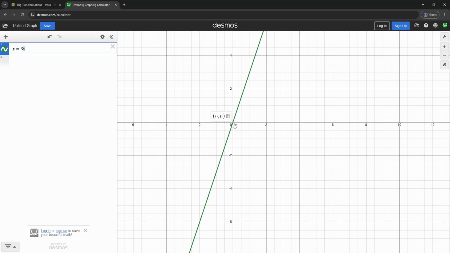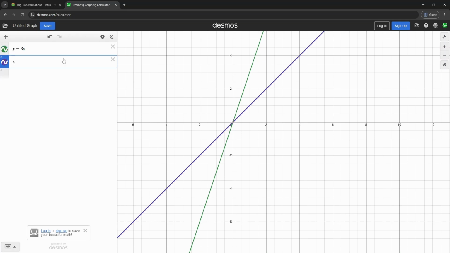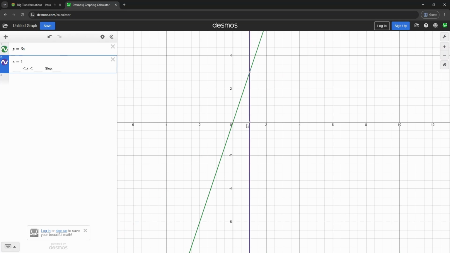If I input 1, so if x is 1, then 1 is here. And then to get y, which would be the output, I have to times x by 3. And 3 times 1 is 3, and so y should be 3, and that's there. So that's why we have that coordinate, which is (1, 3).